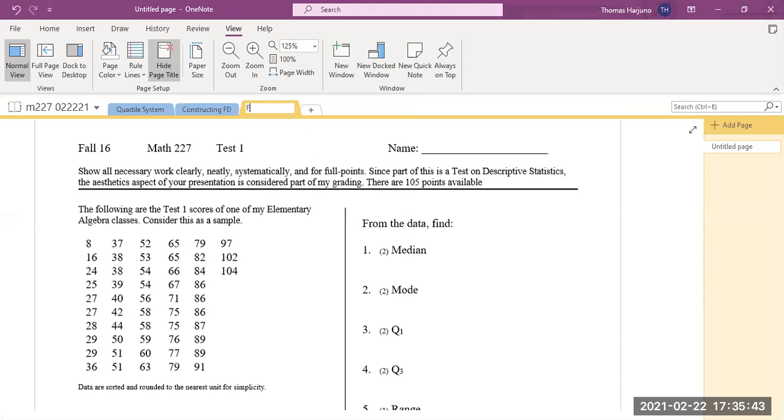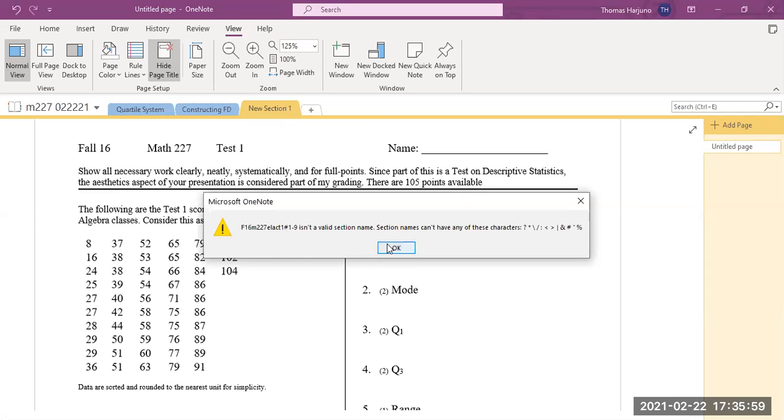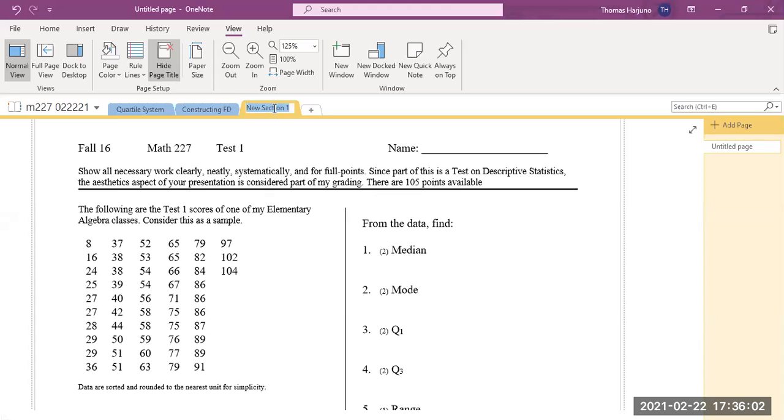This is fall 16 math 227 at ELAC test 1, number 1 to number 9. I wonder if they will accept it. No, they will not. So fall 16 math 227 at ELAC College test 1, and then underscore 1 to 9.